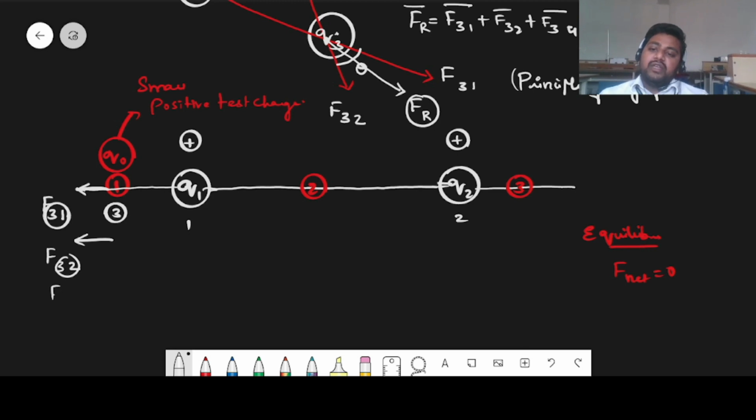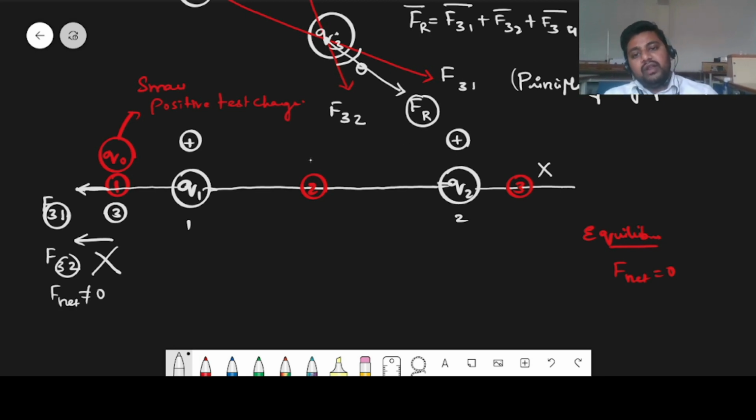So the net force in this region will never become 0. So this is not the region where I can keep the charged particle. So where else can I keep it? Can I keep it at region 3? No, that is also not possible. So the only region that I can keep it is region 2.